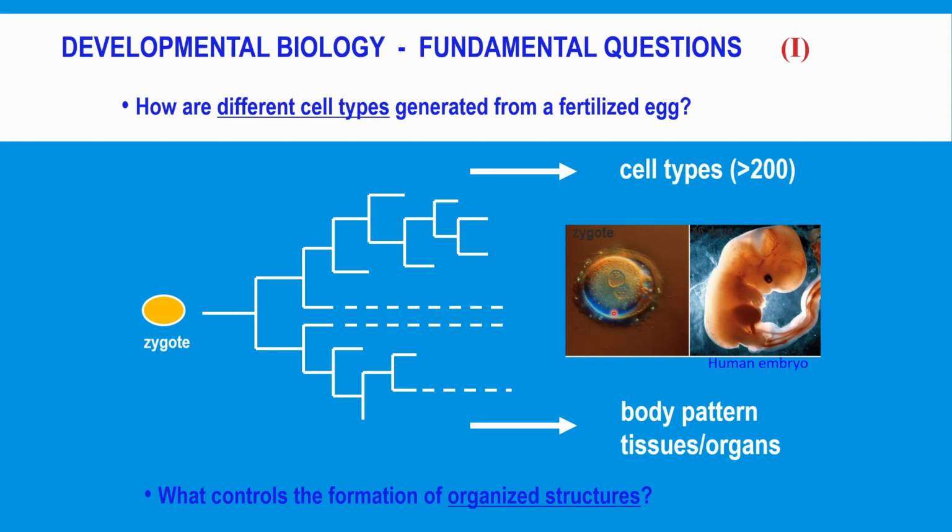And we see that the development of body pattern, the egg, very simple round structure, gives rise to this complex, multifaceted structure or body, which has an obvious body pattern that's not evident from the starting material, the egg, and develops numerous types of organs. So how do we get the formation of these organized structures?